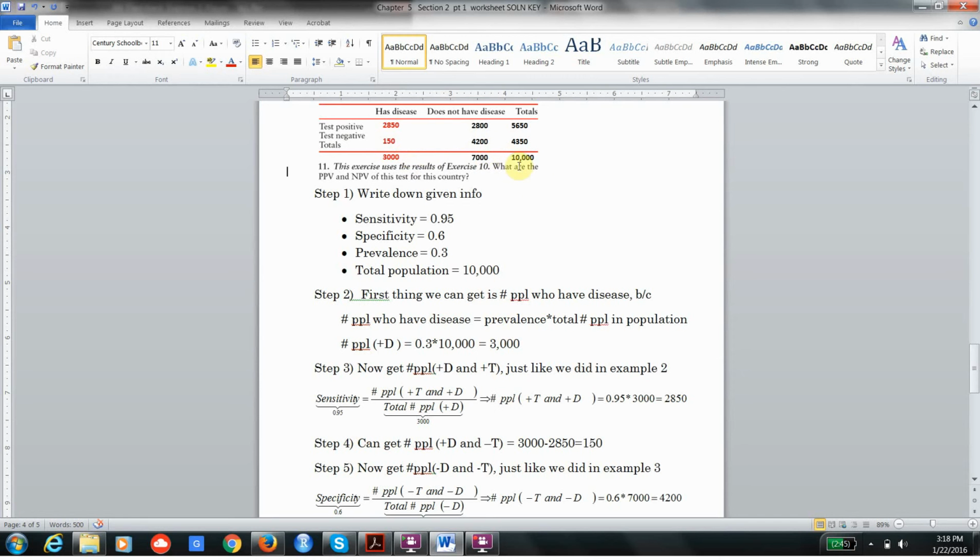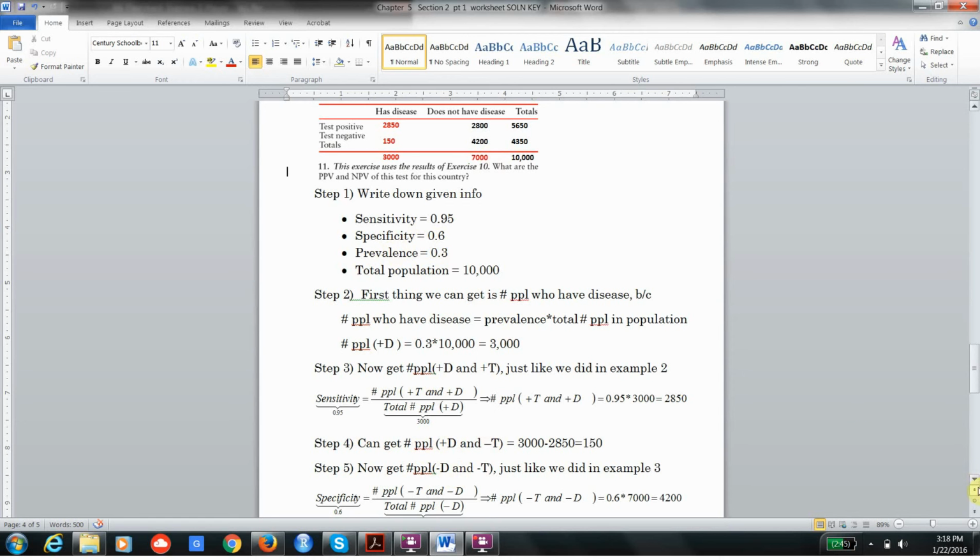Now I'm going to do the same sort of thing with the second column. Notice that 3,000 people have the disease in the population of 10,000. So I get the fact that there's 7,000 people total who don't have the disease very easily. And now I can do the same thing I did with example 3, right? Because notice that I know how many people don't have the disease. I know the specificity.